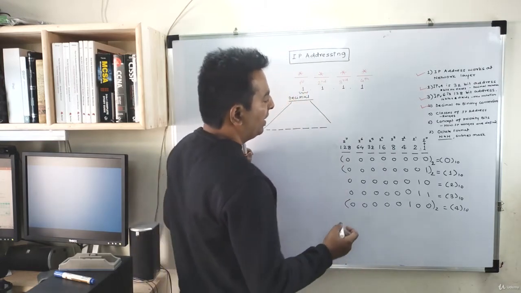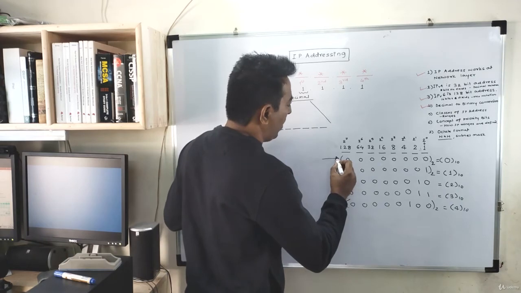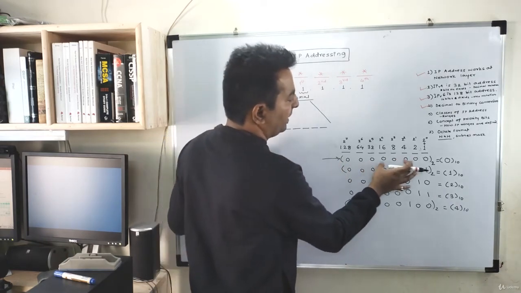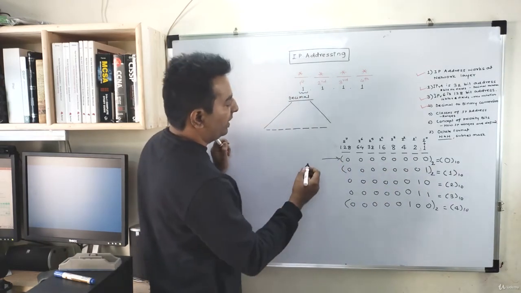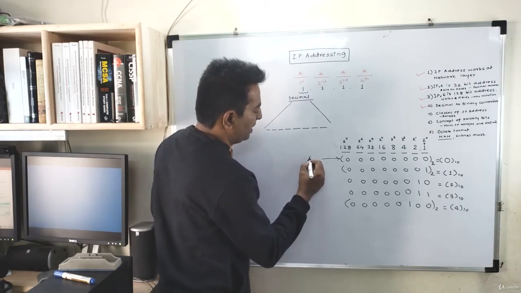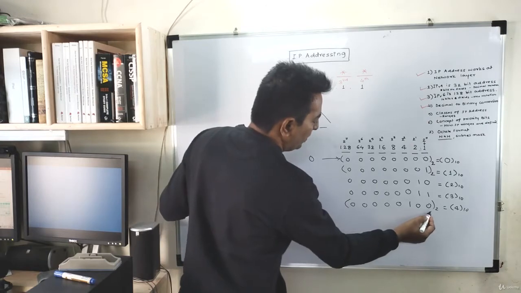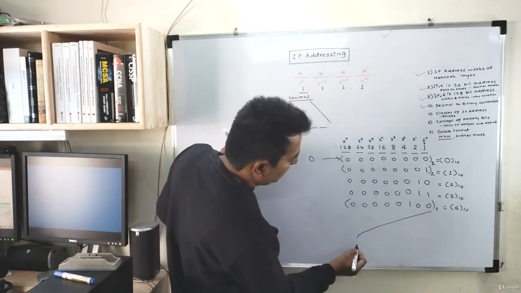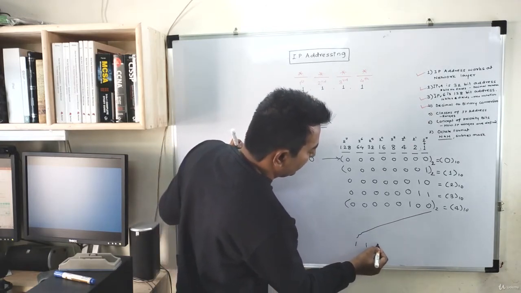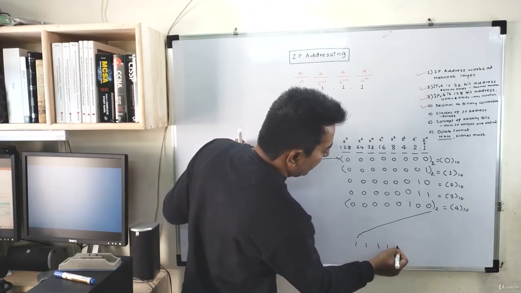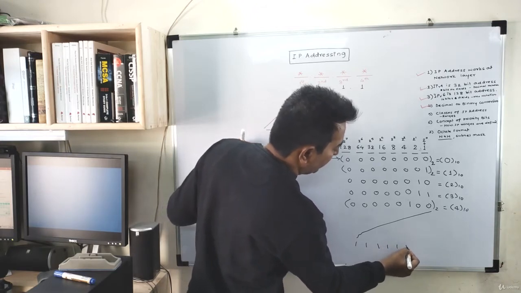So likewise, if you make all 8 bits 0, then it is going to be 0. Now at the max, what you can do using binary conversion is make all these values 1. Nothing else you can do more than this, right?